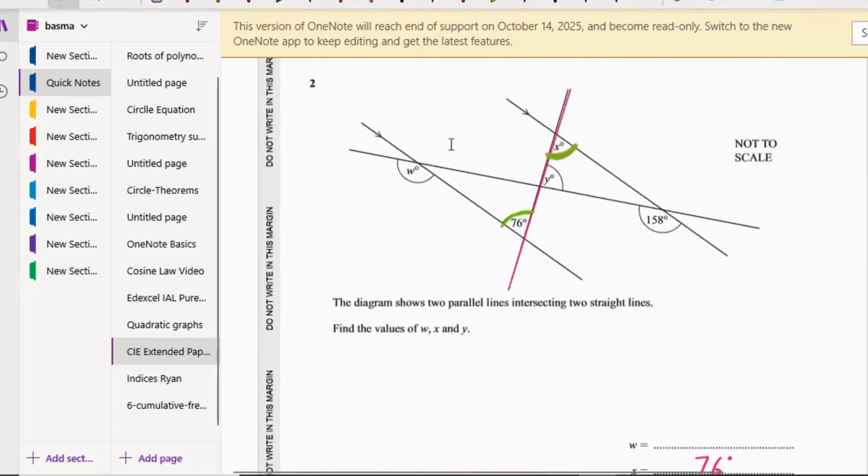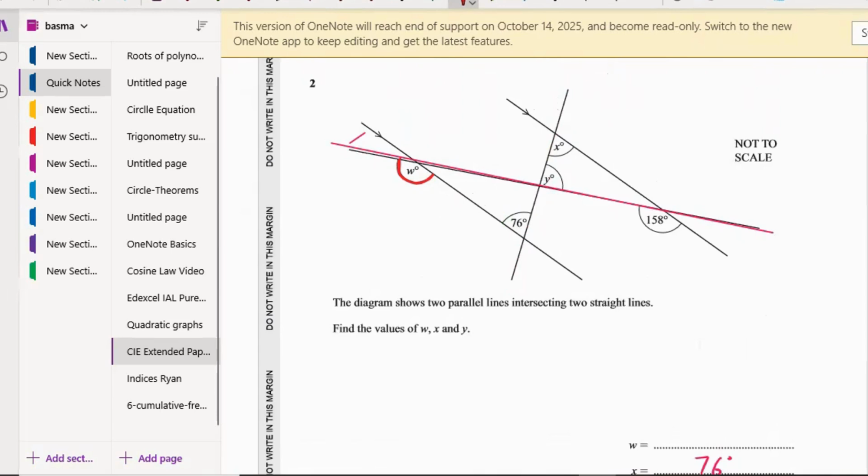Now look at the other transversal line, which is this line here. If you notice the angle at this W, this is on the outer side of the parallel lines, bottom left side.